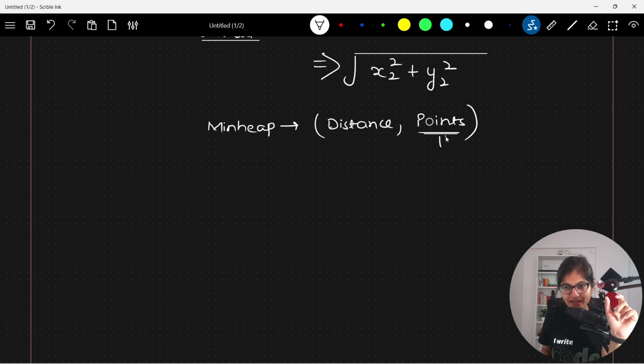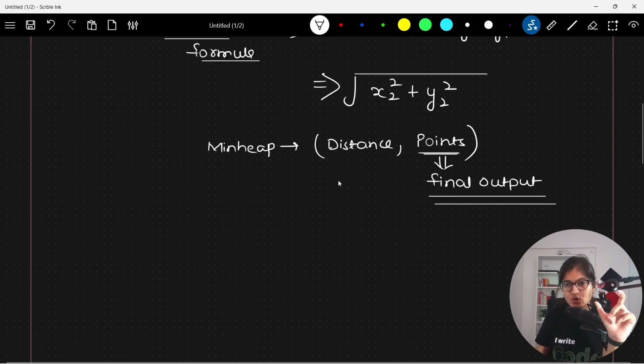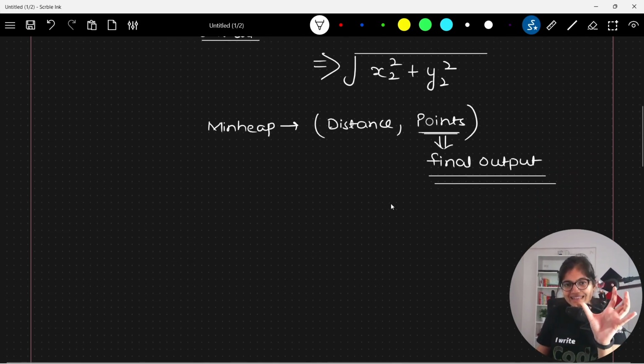Because in the final output, if you observe, you want points. You don't want the distance to be printed, you want the points to be printed. So you can create a Minheap which contains both of these things. At 0th index, you can store the distance. At first index, you can store the points.